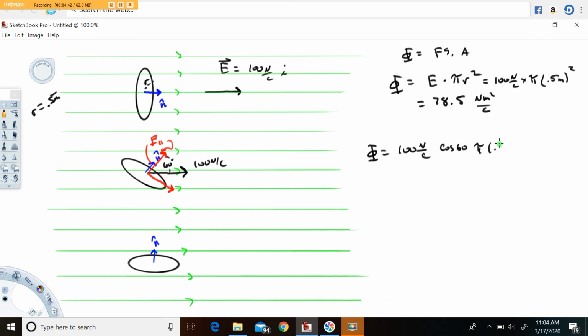That's going to be pi times 0.5 meters squared. And we get, let's see, I'm just going to redo it here. 39.3 is close enough. 39.3 Newton meter squared per coulomb.